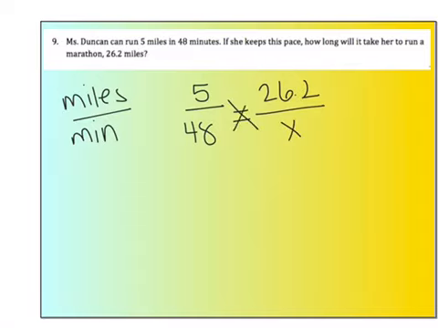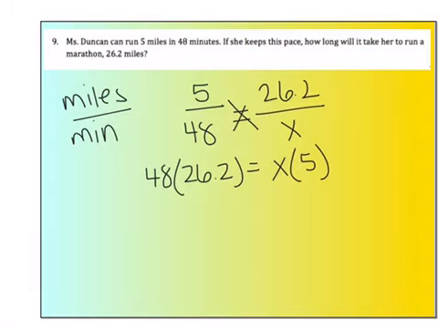So I'm just going to cross multiply. So I get the bottom of the first times the top of the second is going to equal the bottom of the second times the top of the first. So 48 times 26.2 gives me 1,257.6. X times 5 is just 5x. So now we're just solving. I want to get the x alone, so I have to get rid of that 5.